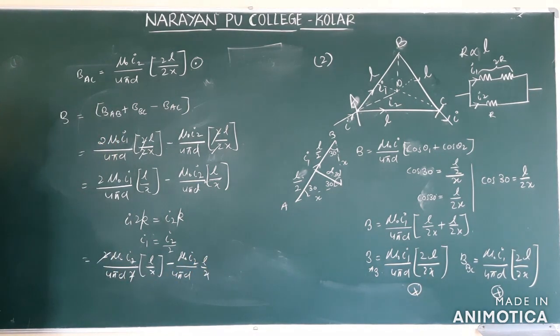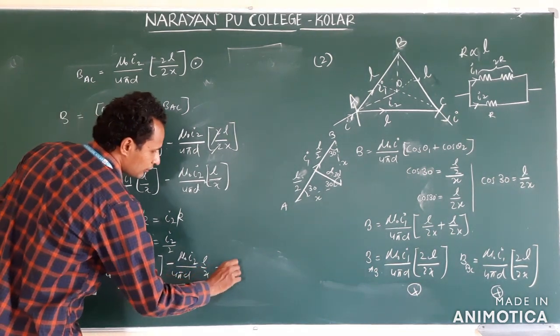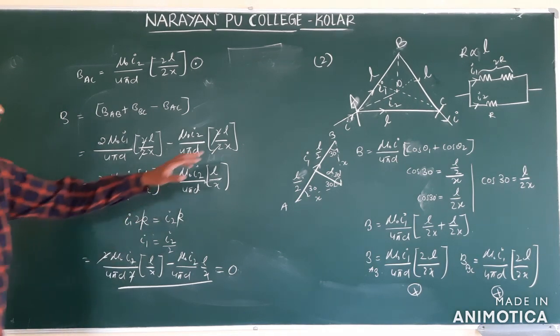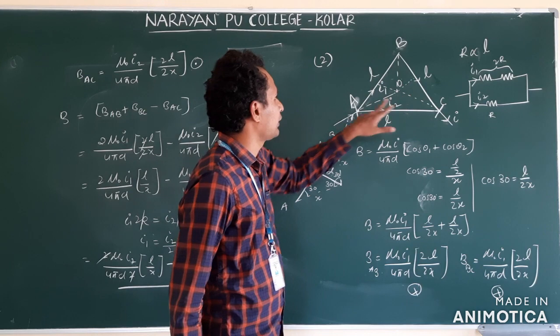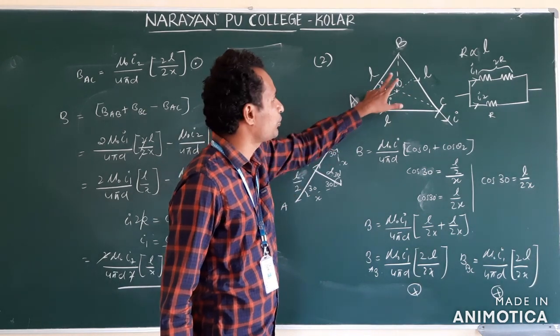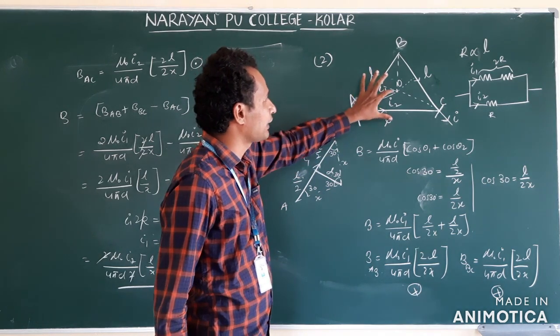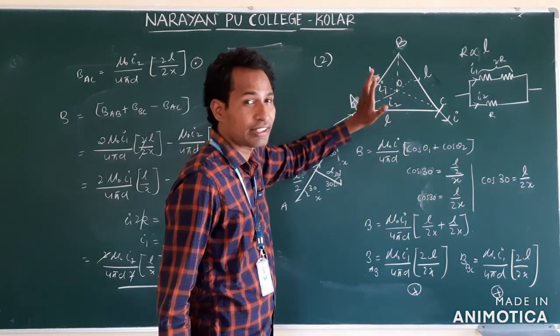These two cancel. Both terms are the same. Then the answer is 0. Clear? So whenever you find these kinds of questions, when the current splits, the combination is parallel. In all these cases, the field at the center is 0.